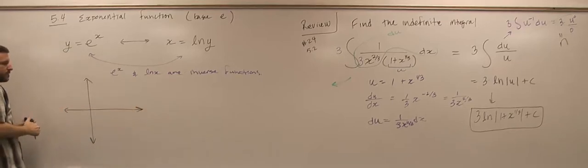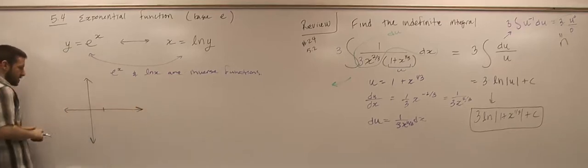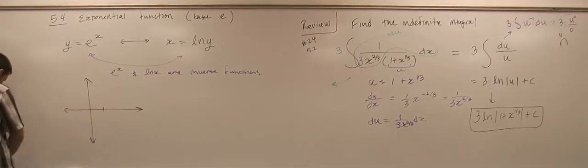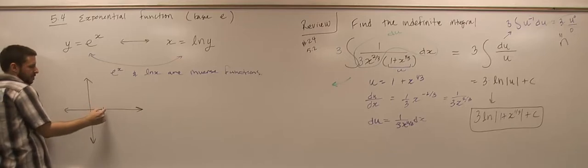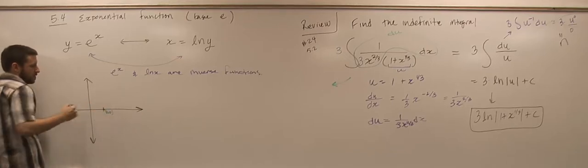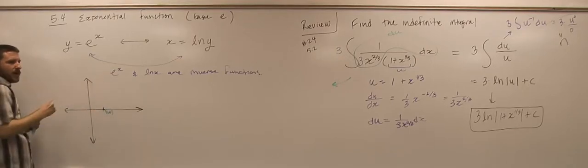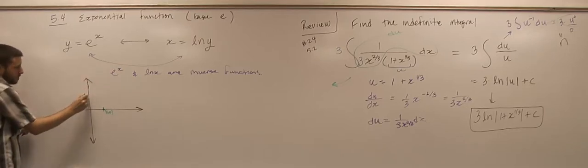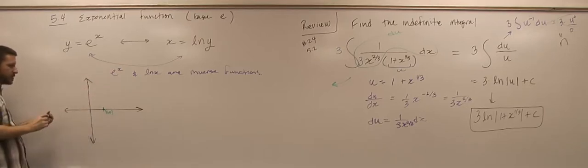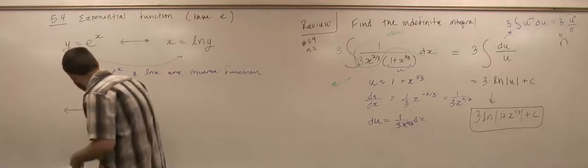Natural log of x goes through, what's the x-intercept? 1, 0. And then it's concave up or down? Concave down, because it's bending downward. It's got an asymptote at 0. And it's always going up. It's always increasing. So this is ln.